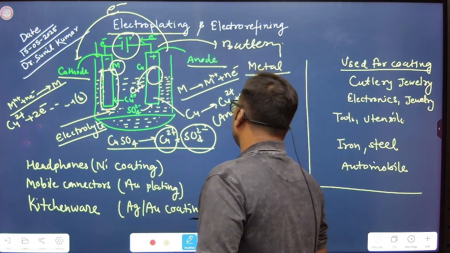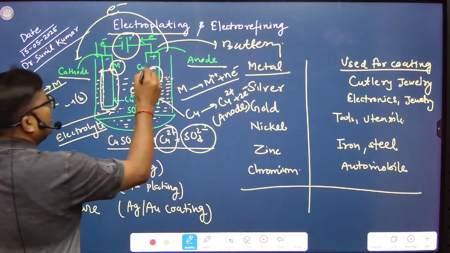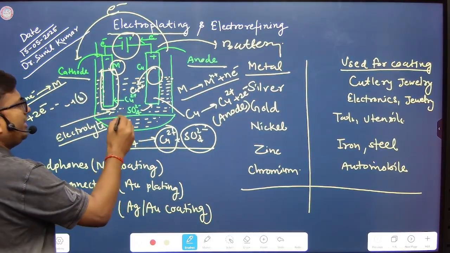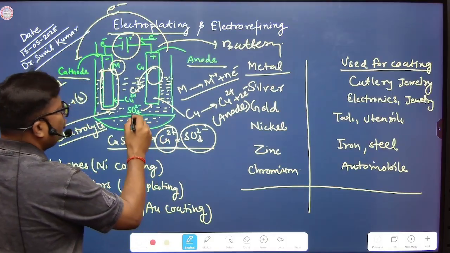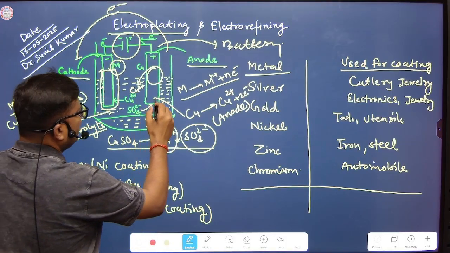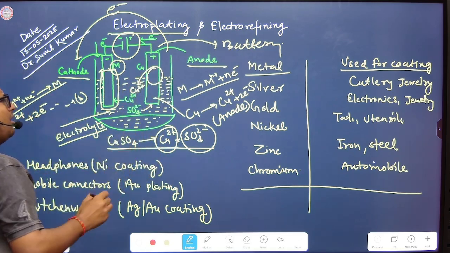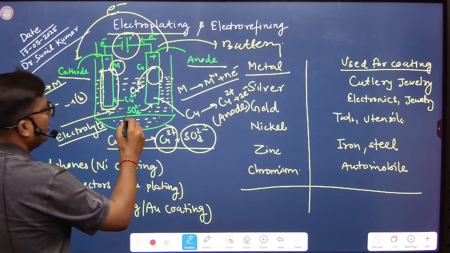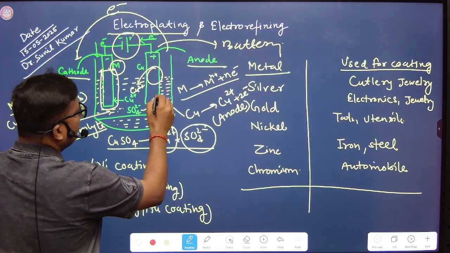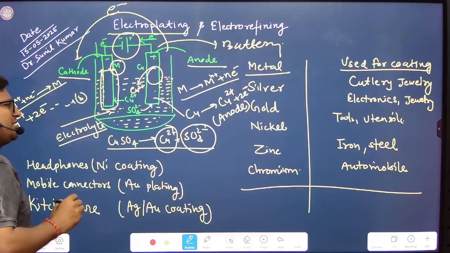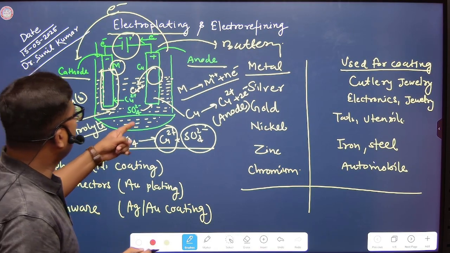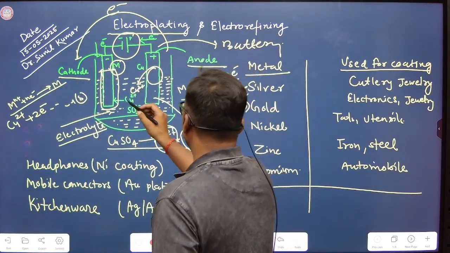Here there is a positive charge on the surface of copper, so sulfate ion naturally tries to approach and neutralize this positively charged structure. So sulfate ion from the solution continually approaches this positively charged surface so that it maintains the neutrality of the composition, right? And Cu2+ approaches towards the cathode.